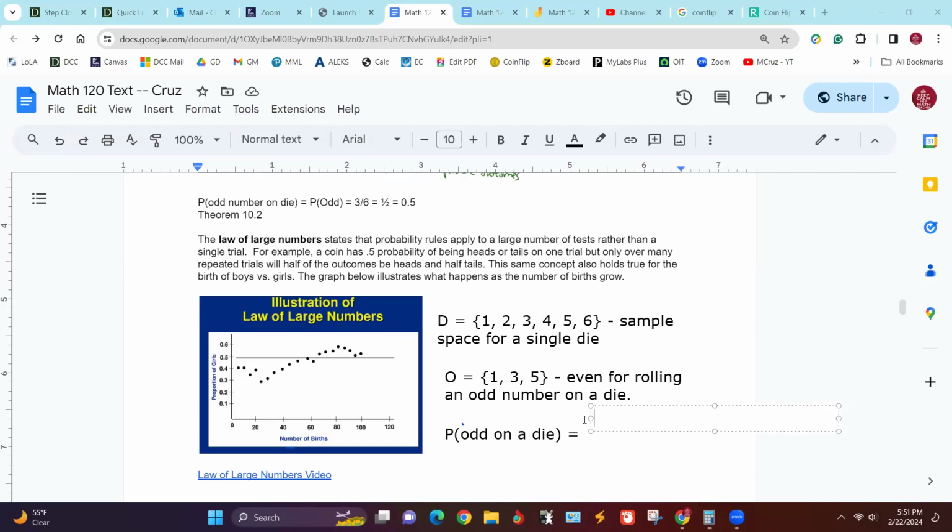All right, the number of elements in, remember that terminology from chapter 2, the N of, we went over that for a reason because we're going to use it here.